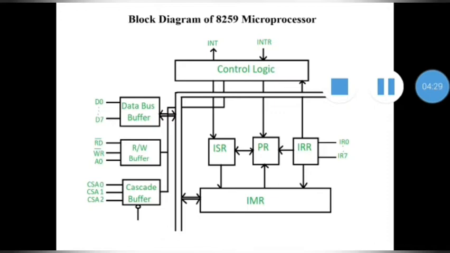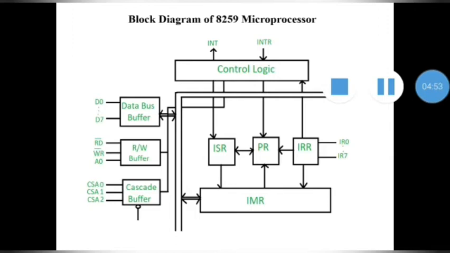In the interrupt requests from IR0 to IR7, IR0 has the highest priority and IR7 has the lowest priority. So the function of the PR block is to determine the priorities of your interrupt requests.